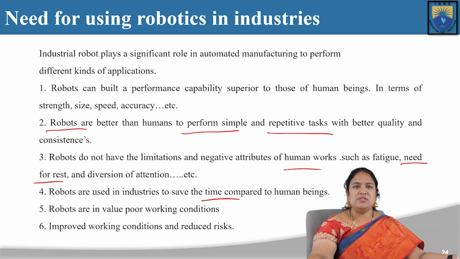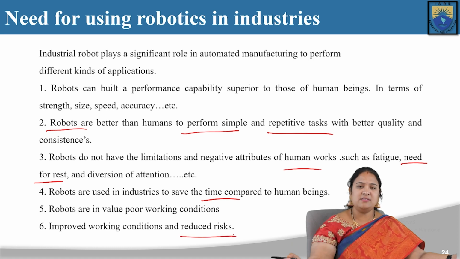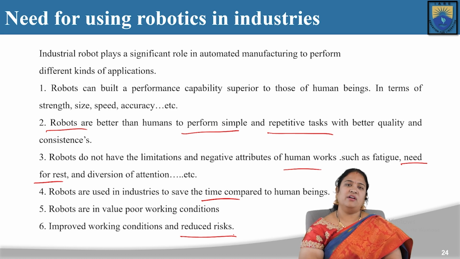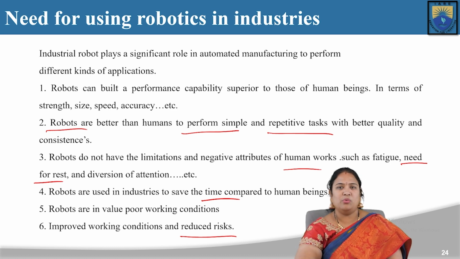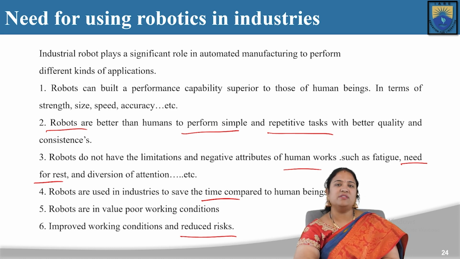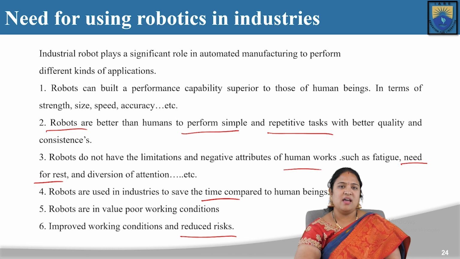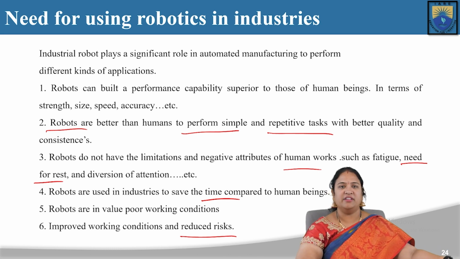Next one is robots are used in poor working conditions, right? And the last one is improved working condition and reduced risk. That is, any sort of risk which a human cannot take, a robot can also do. That is, there will be a reduction in the risk factors, and improvement in the condition, right?